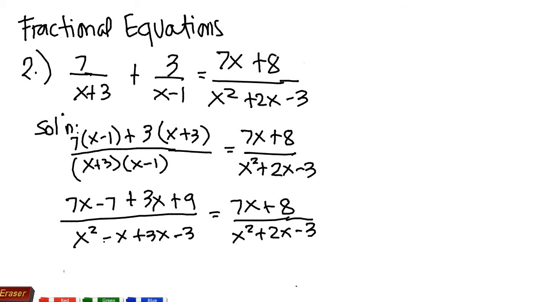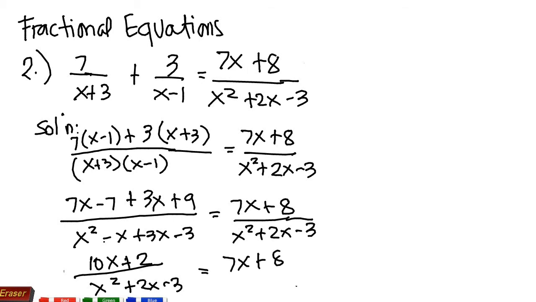So 3x plus 7x will give us 10x, and then negative 7x plus 9 will give us positive 2 all over x squared. Then negative x plus 3x will give us plus 2x minus 3. Then you have 7x plus 8 all over x squared plus 2x minus 3.